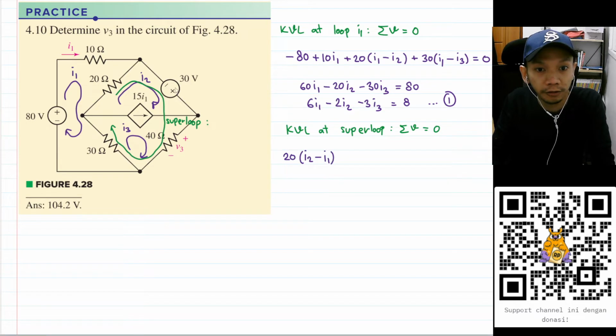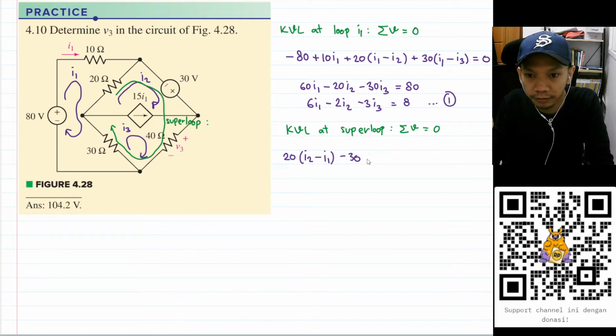And we move on to this voltage source. The current is flowing from negative to positive, so we will have a negative sign and 30. That is already a voltage, so we can move on. Then we need to take care of this 40 ohm resistor, so plus 40, and the only current that passes through it is I3.